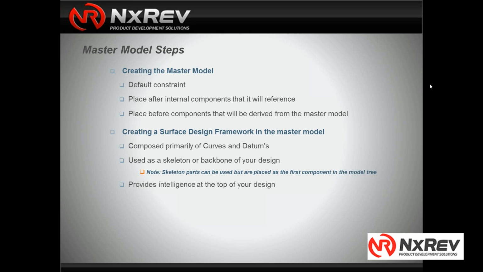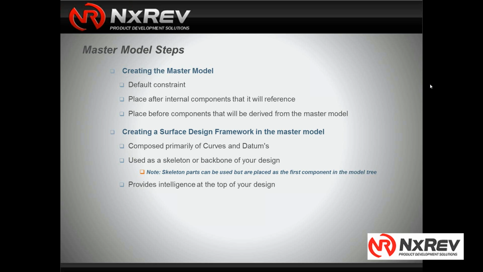Now you can use a skeleton in the traditional sense. A skeleton is a special type of part that sits at the very top of the model tree. But it's not going to be good for a master model if you're going to be using the mechanicals as a reference. The mechanicals need to come first and then the master model. If you use a skeleton, that's going to place it above the mechanicals.